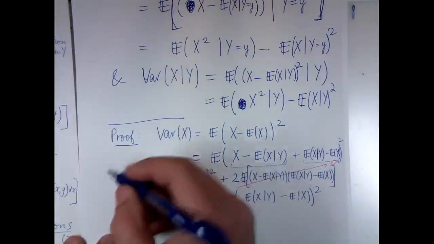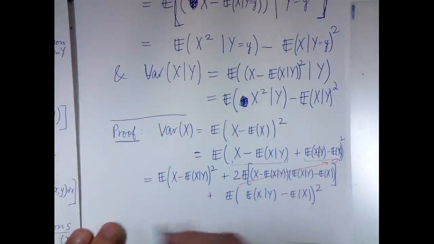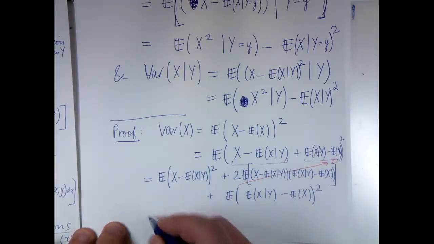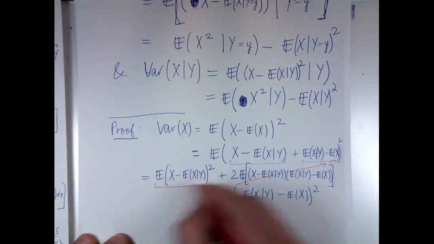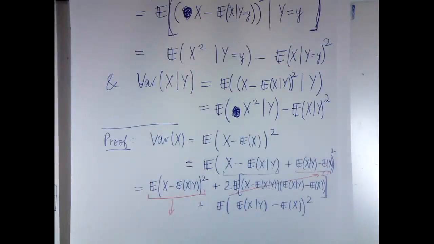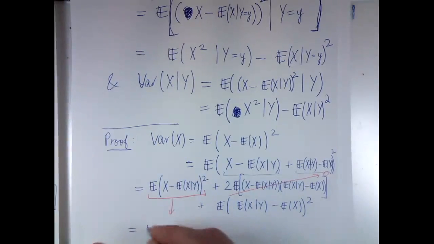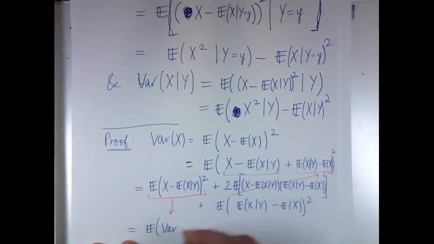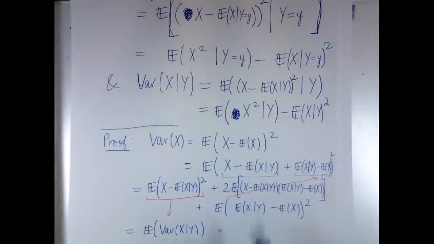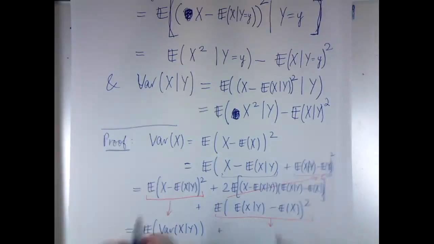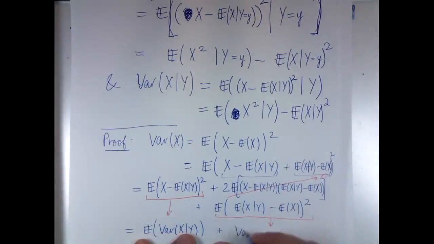So maybe this will be a proof sketch. It won't have all the details in it. I might provide those later. This first term is going to end up being equal to the expectation of the variance of X given Y. And this last term is going to end up being equal to the variance of the expectation of X given Y. I don't want to take up the whole time doing this.